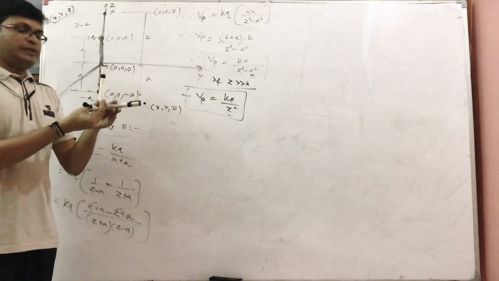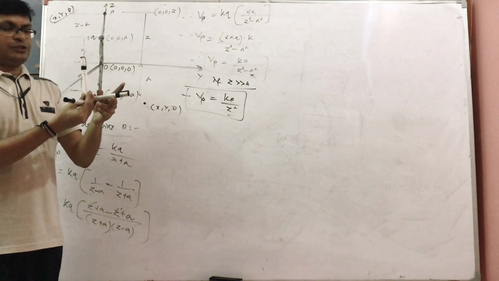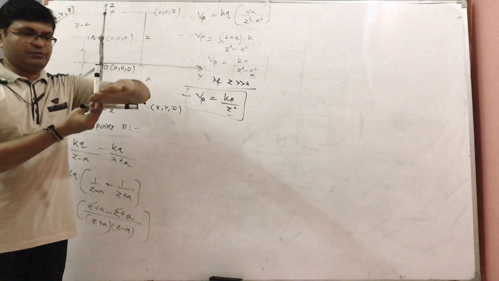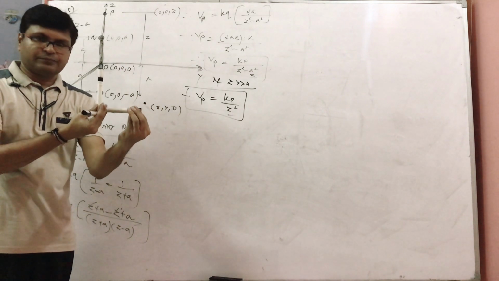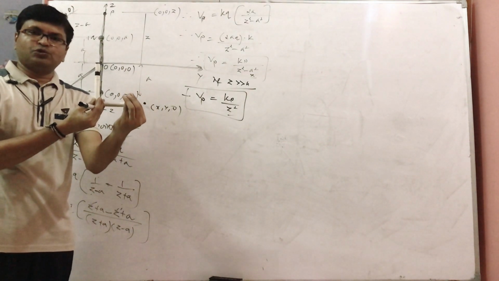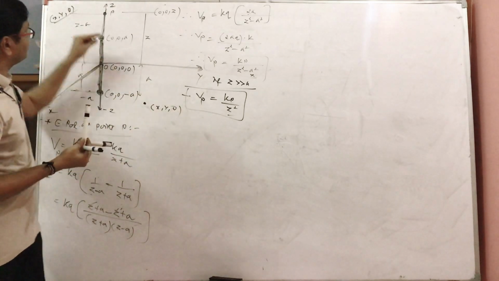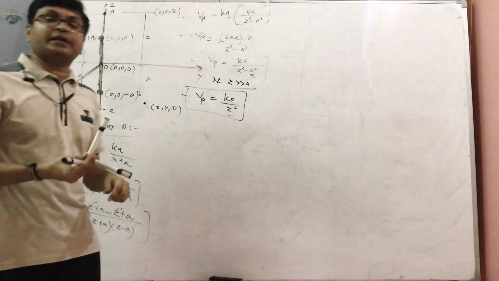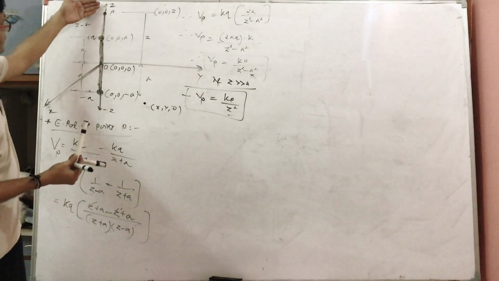We would like to find the potential in the xy plane. This is your xy plane, and somewhere here is the point. But here potential is produced due to two charges, plus q and minus q. But this plus q and minus q are located on which axis? On the z axis.